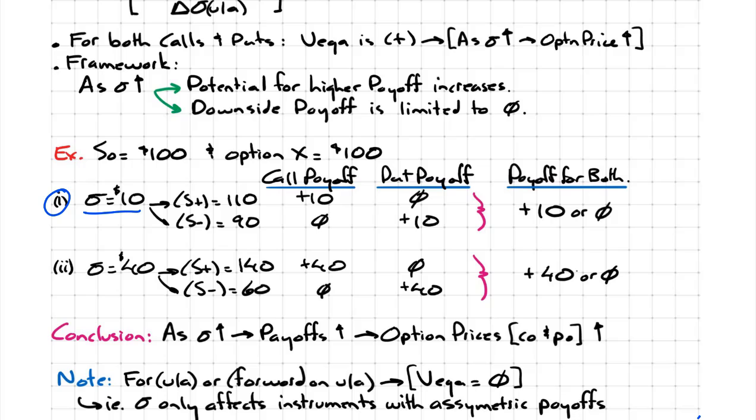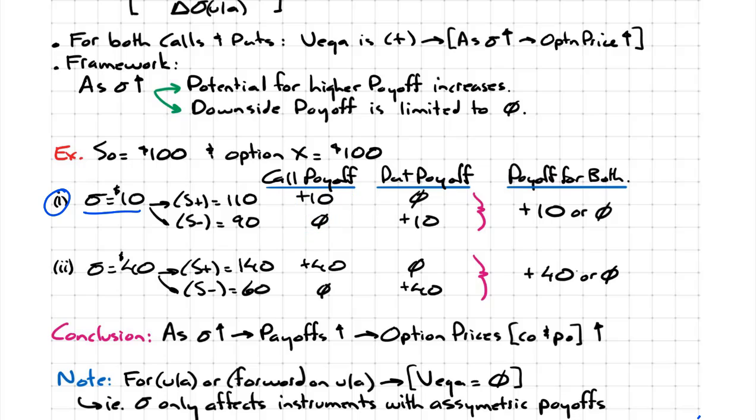So let's calculate what the payoffs would be first for a call option. Remember, the strike price is 100. So if it's trading at 110, you have the right to buy it at 100. You make $10. But if the price drops to 90, I'm not going to exercise this. In other words, I'm not going to pay $100 to buy an asset that's worth 90. So the payoff would be 0.